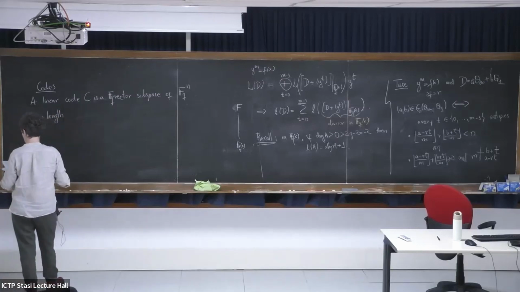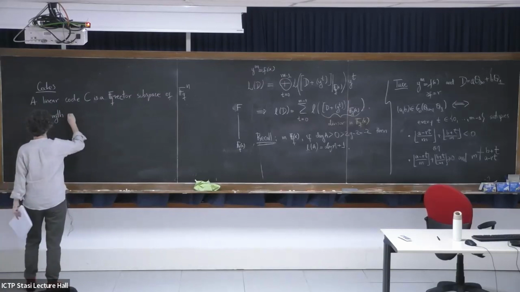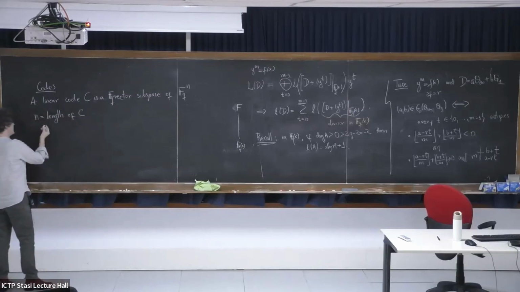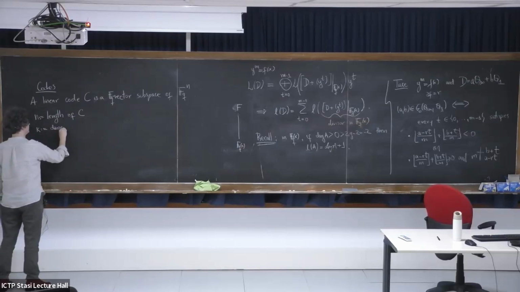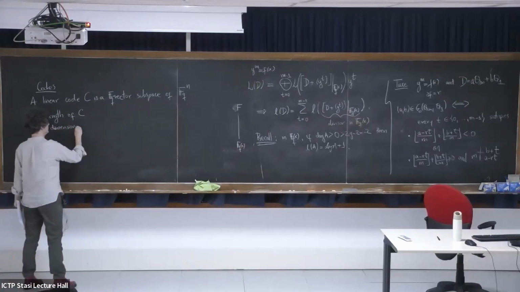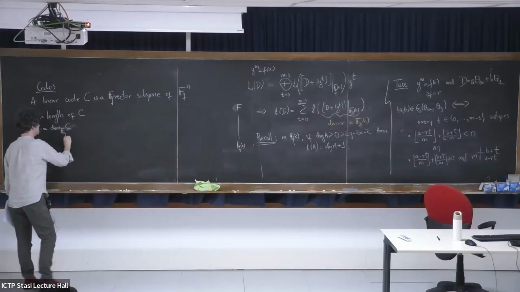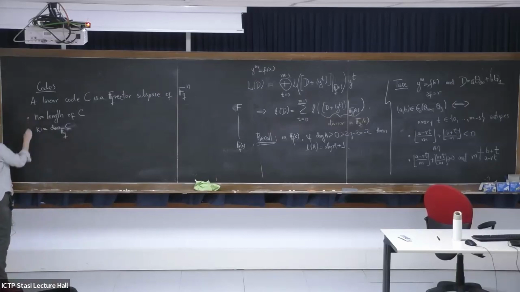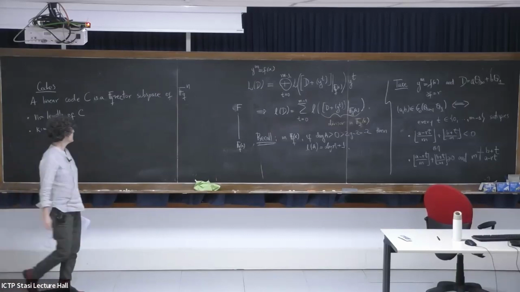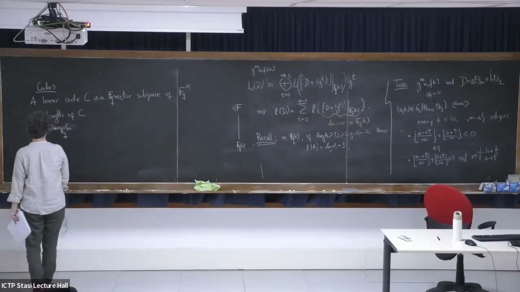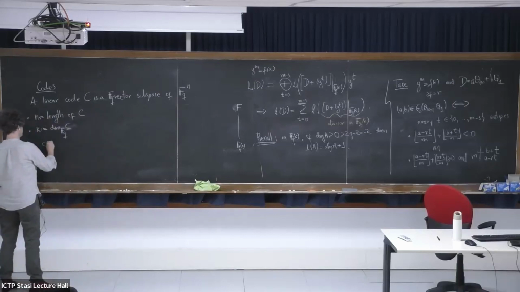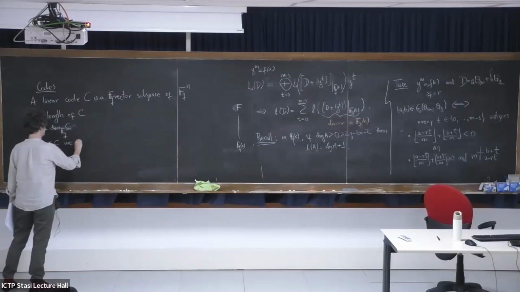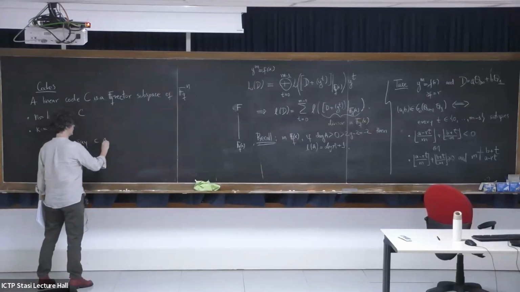Then we have the dimension that we call k, which is the dimension of C over F_q. So attached to a code, we have length and dimension. And we have something else. If c is in C, we say c is a code word.